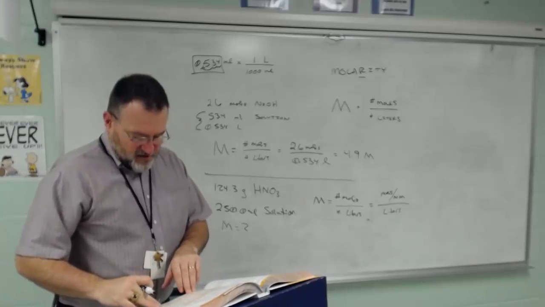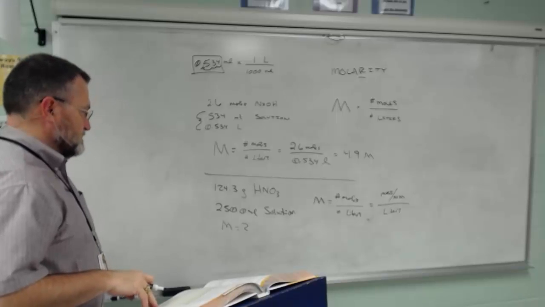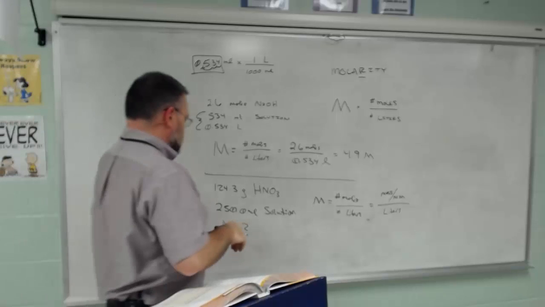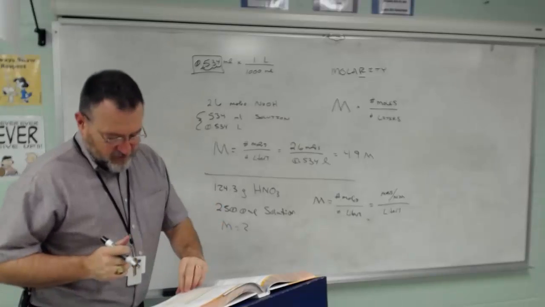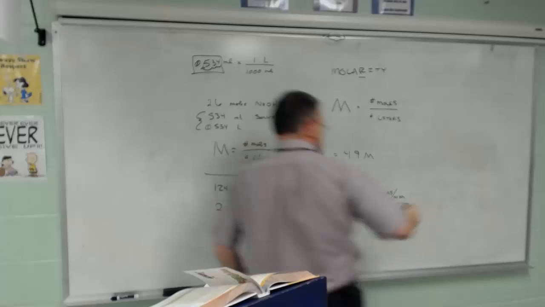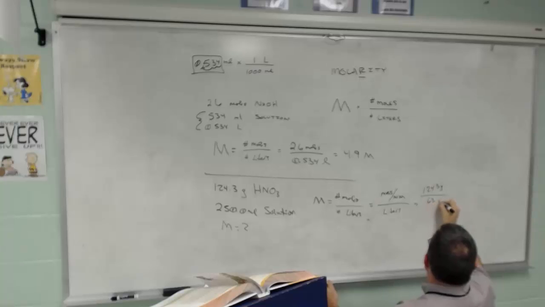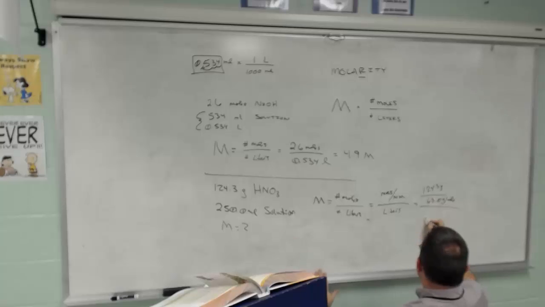The molar mass they give us as 63 grams per mole. So we've got 124.3 divided by 63. So my mass is 124.3 grams divided by 63.0 grams per mole. That's going to be moles. My liters is going to be 0.250 liters.